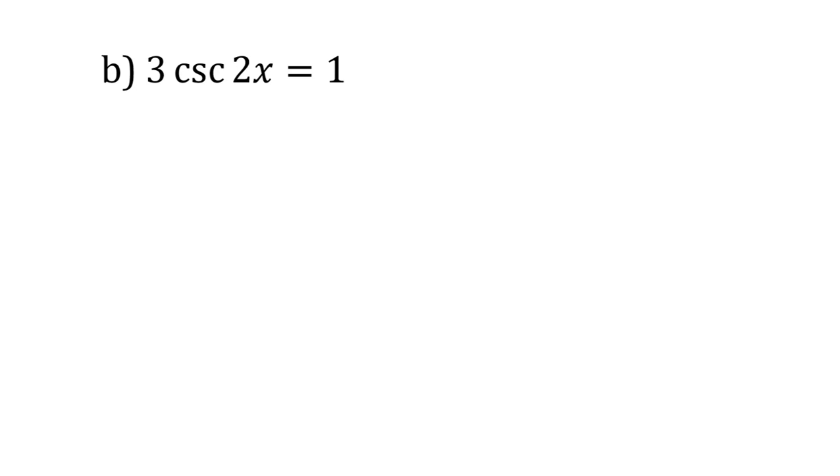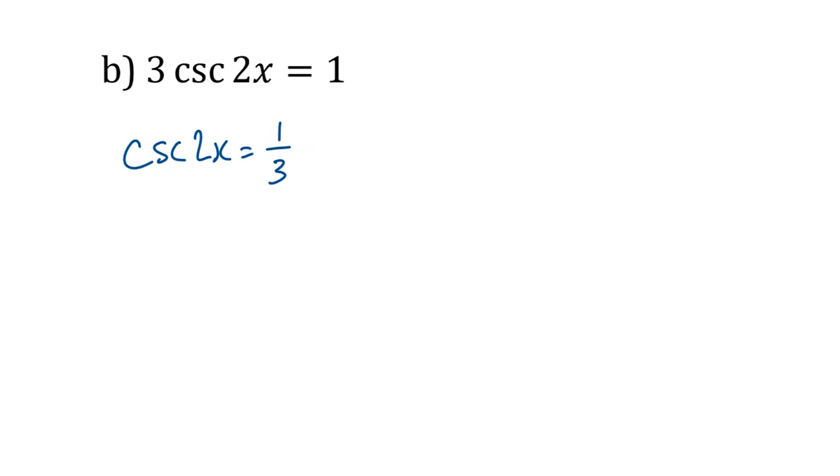Okay, another one, 3 cosecant 2x equals 1. So this is reciprocal. So we'll divide by 3. Then what do we do?